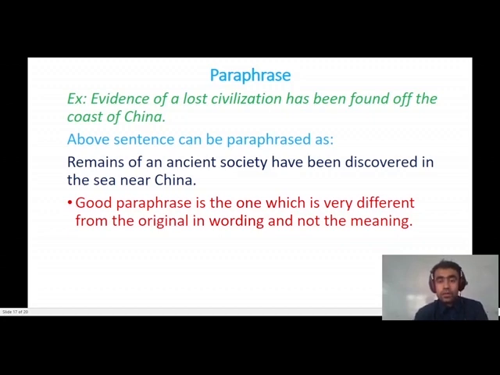This is changed through the words and structures, but the meaning is the same. A good paraphrase is one which is very different from the original in terms of words and structures, but doesn't lose the meaning.